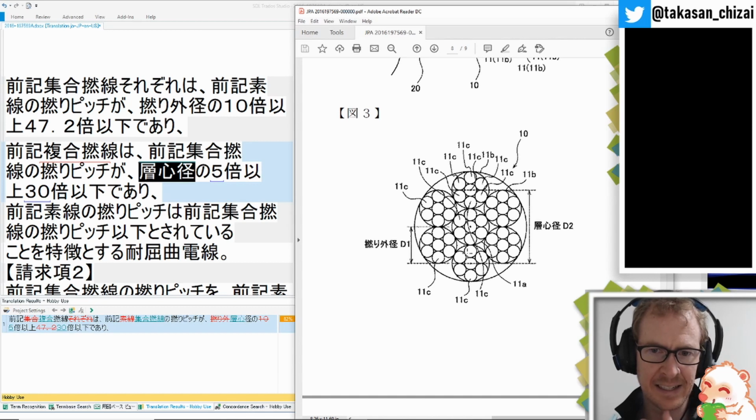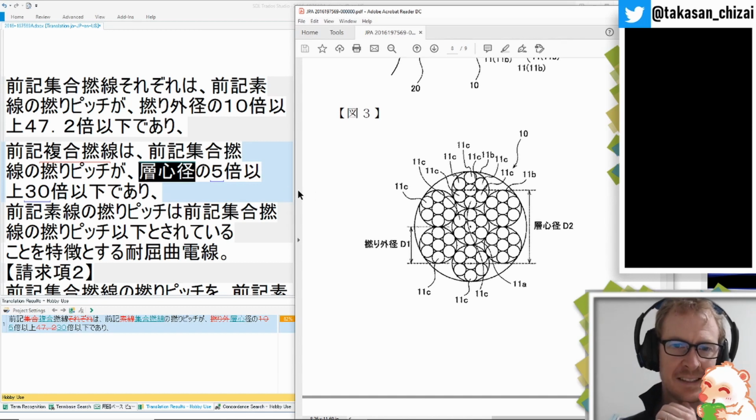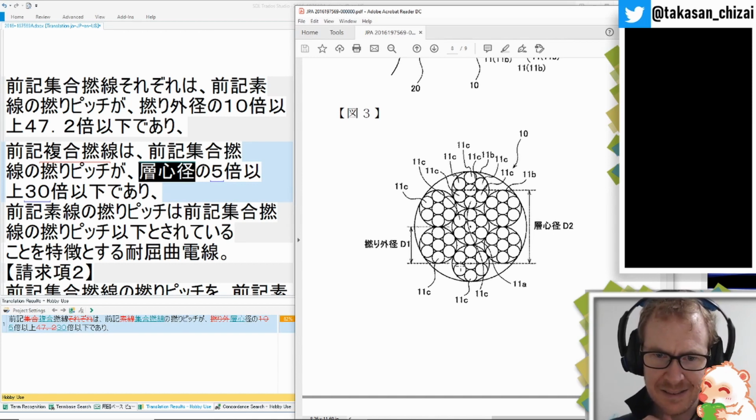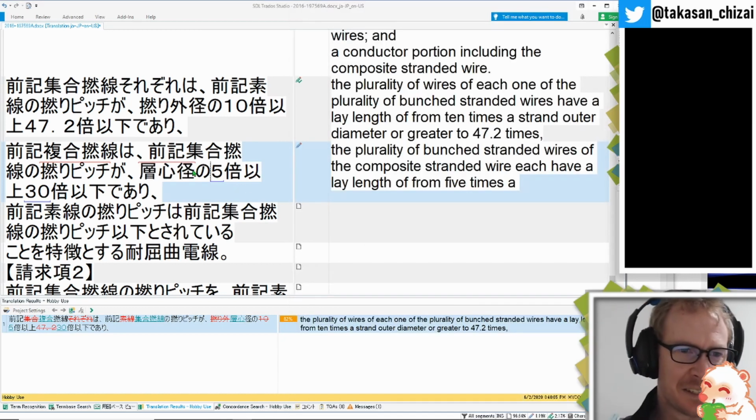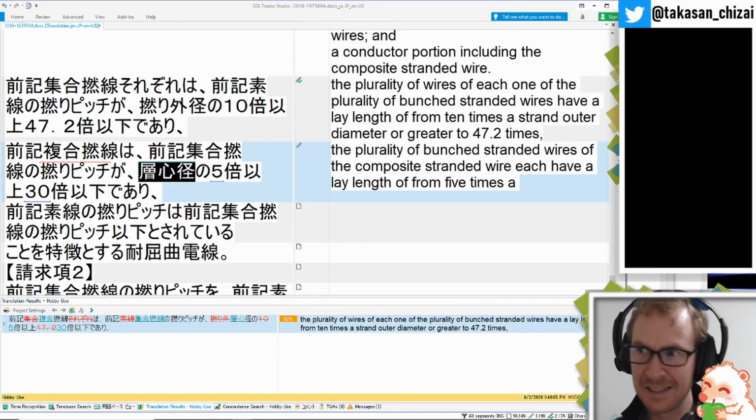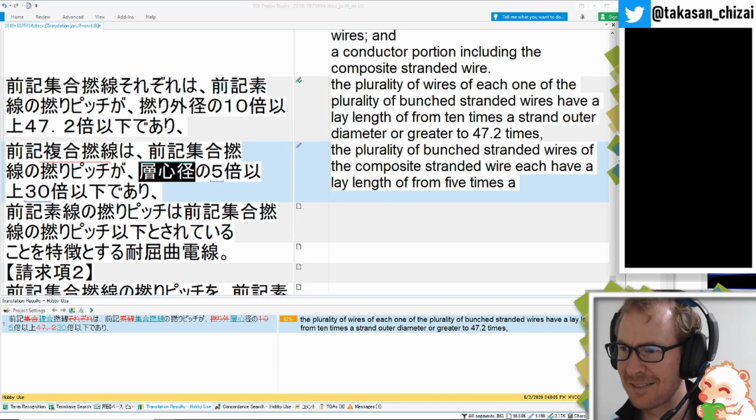So it's this length here, the layer core diameter. I guess they're saying that this is a circle and it's the diameter. I don't know the thinking behind that. We might just have to translate that as it is. I'm not crazy, right? It's not really a diameter there, right?